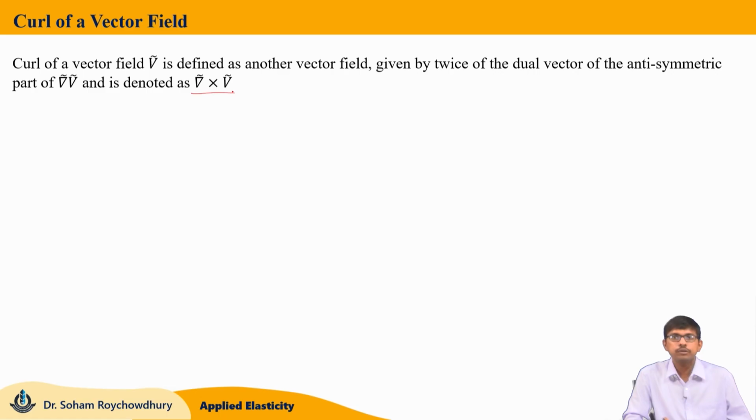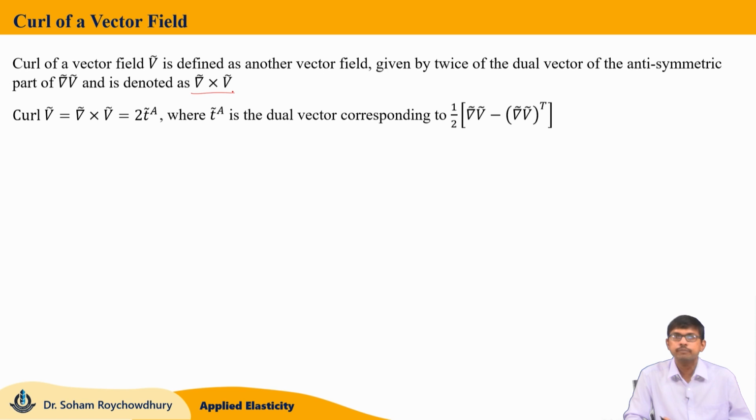It is denoted through this particular form and it is defined as twice the dual vector T_A. In one of the previous lectures we had defined the dual vector, which exists for the case of antisymmetric tensors. So here T_A is the dual vector for the antisymmetric part of the gradient of v.